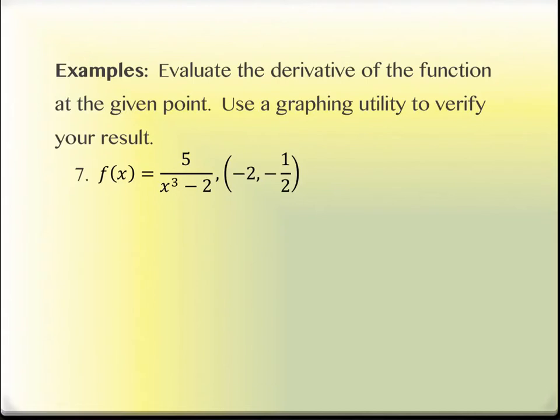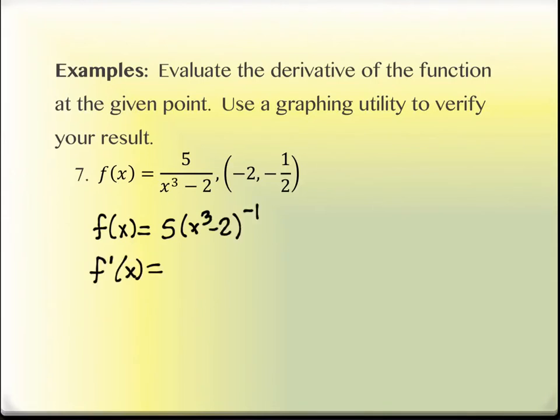So on this one, the first thing we're going to do is we're going to find the derivative of 5 over x cubed minus 2. Now you can either do it with a quotient rule, and that's fine, or you can bring the x cubed minus 2 up to the numerator and do it with the chain rule. Since we're practicing chain rule in this section, that's how I'm going to do it, but you'll get the same answer either way, okay? So I'm going to rewrite this first as 5 times x cubed minus 2 to the negative 1.